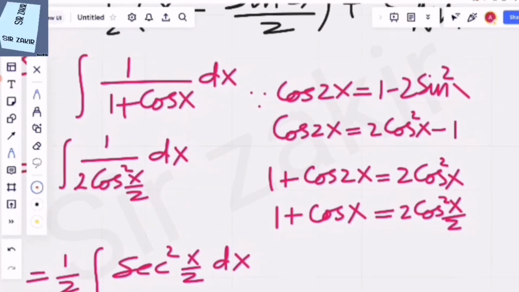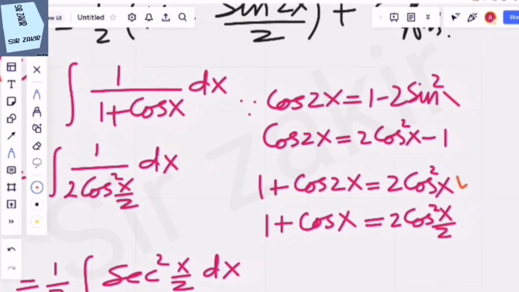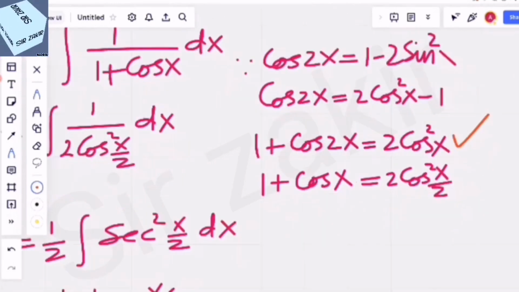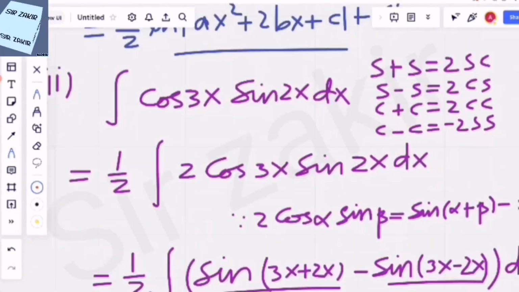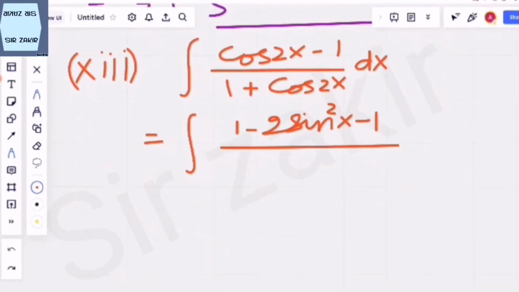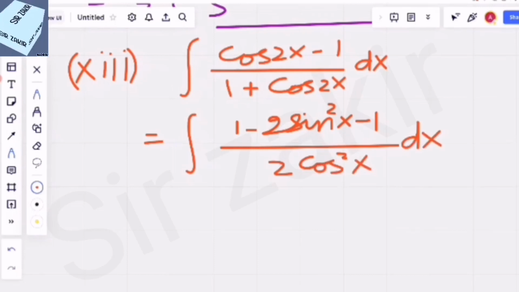So we write directly that form here, 2 cos square x dx. So 1 cancels 1 here, 2 cancels 2 here, sin square by cos square is tan square. So minus tan square, the integration is to be done here.